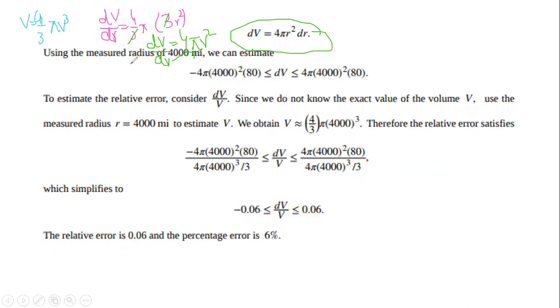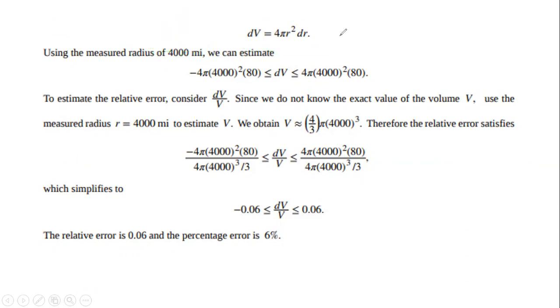Now using the measured radius, what is the measured radius? As I described earlier, this is 4 pi, and the value of the radius is 4,000 with a tolerance of 80.